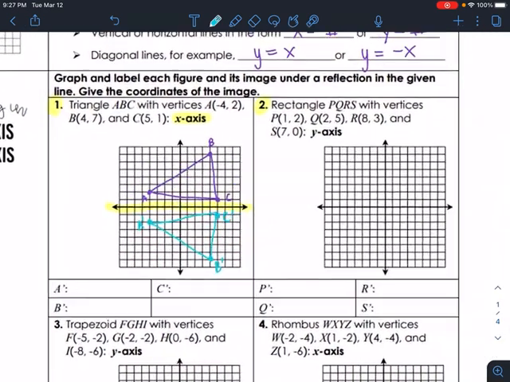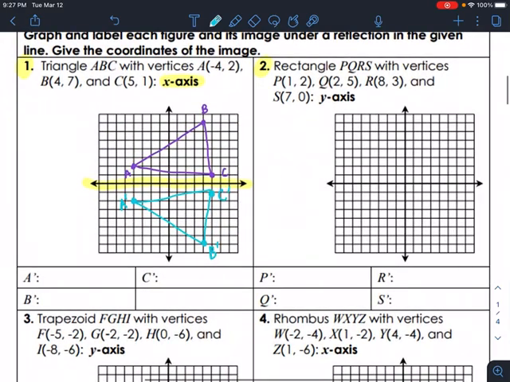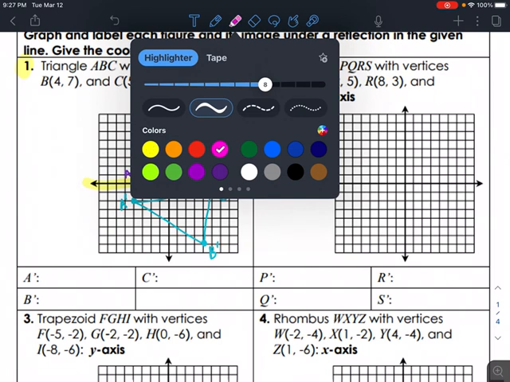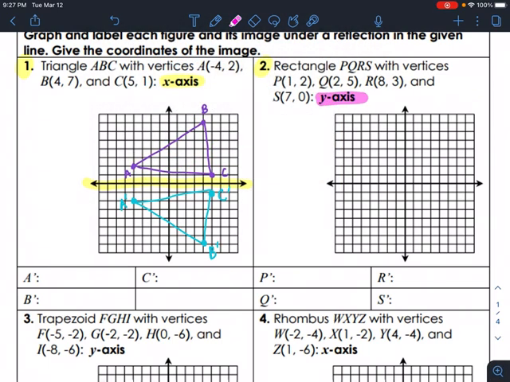For problem 2, I'm not going to go fully into this problem, but they want you to reflect across the y-axis. Remember, in the previous problem we did the x-axis, so this would be the y-axis. You're going to do the same process: plot PQRS and then reflect it across that yellow line.